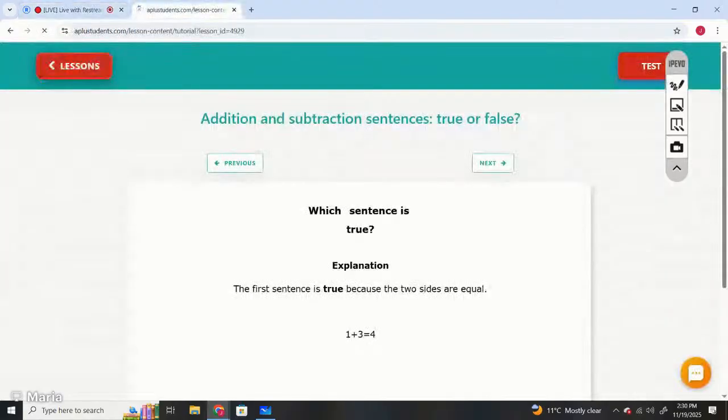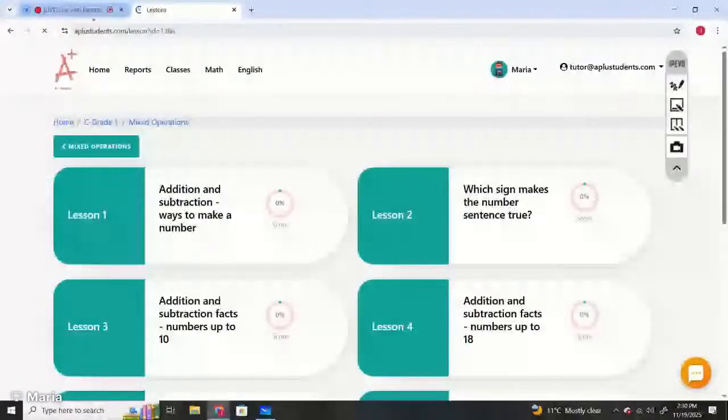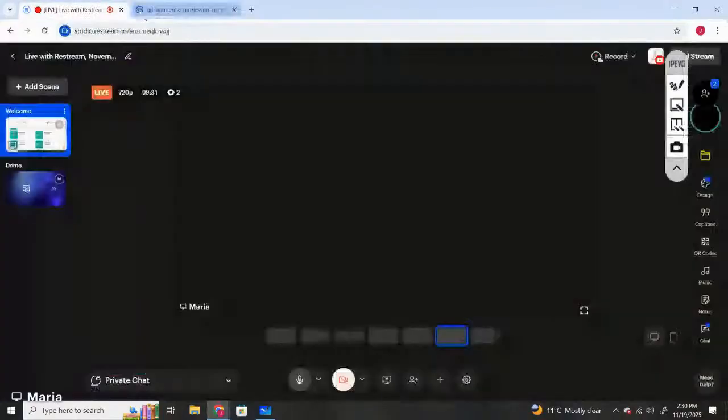The next lesson is 10 more, or let's just start with the lesson.